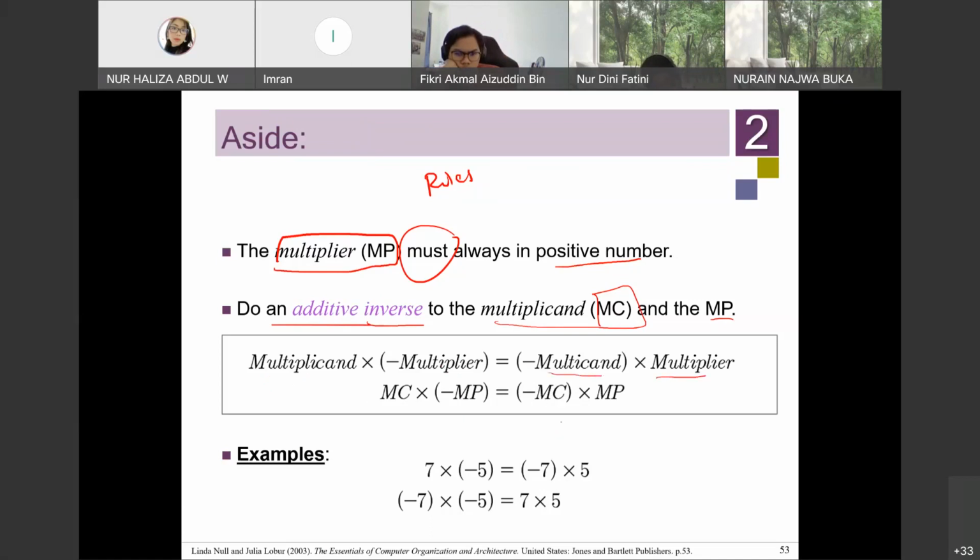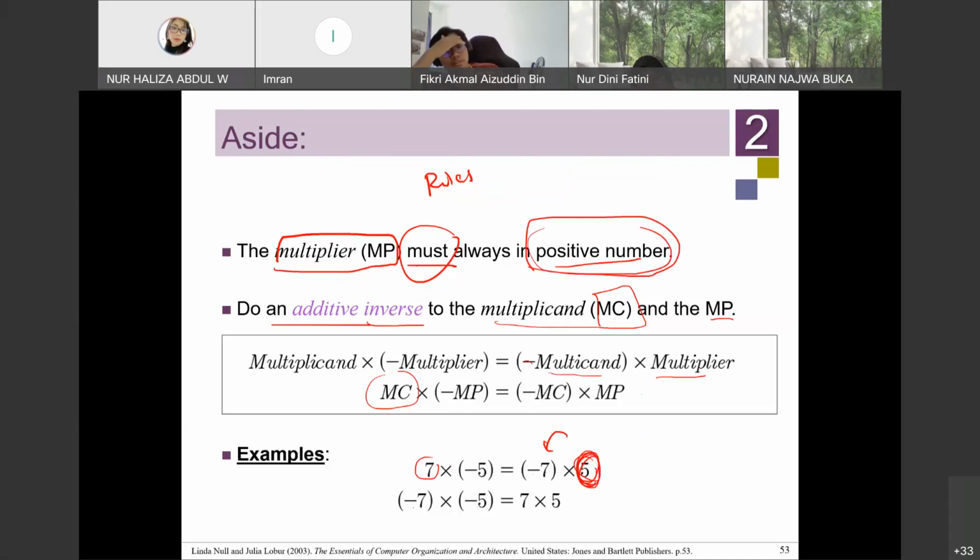You can also change the place. MC times minus MP equals minus MC times MP. So if you have 7 times minus 5, you change this to be minus 7 times 5, because your MP is supposed to always be positive.